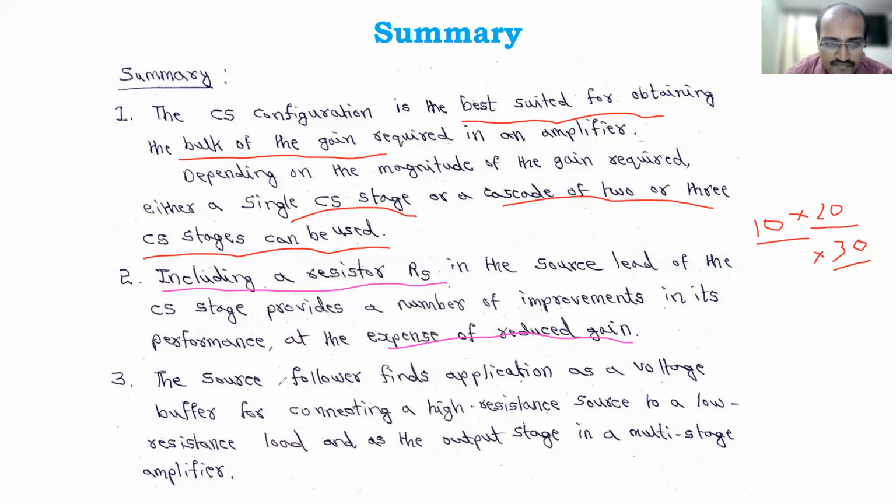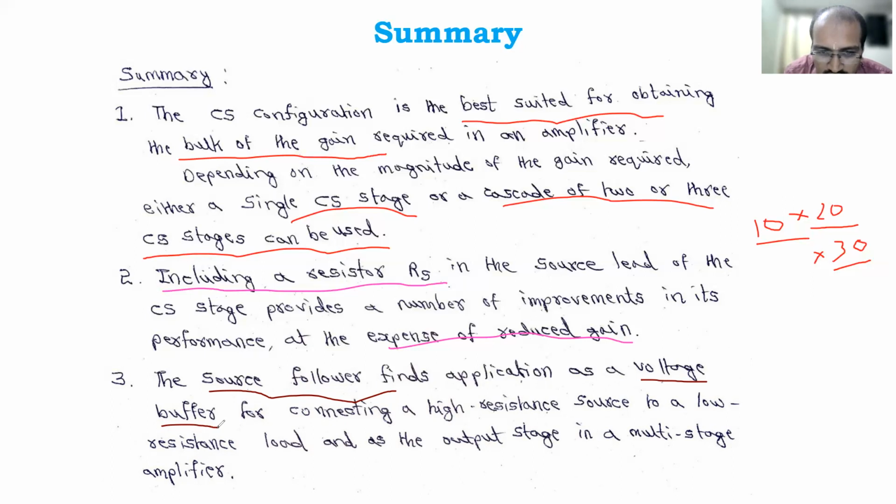And then finally we have seen the source follower circuit, which is also called the common drain amplifier. It finds a number of applications, as I told you. One of the applications is that it acts as a voltage buffer, for connecting a high resistance source to a low resistance load, because the source follower characteristics are like that, right?